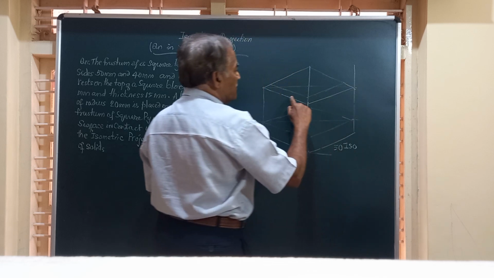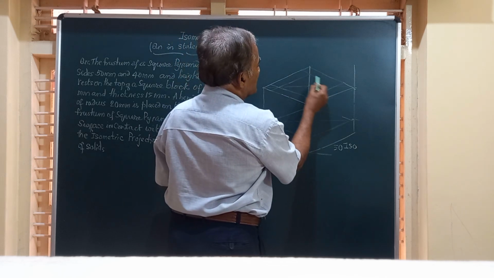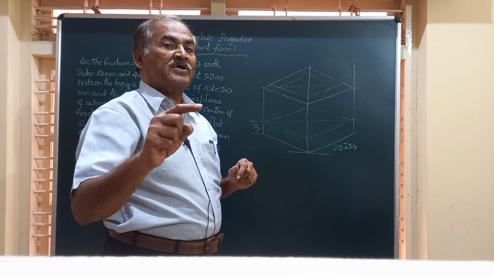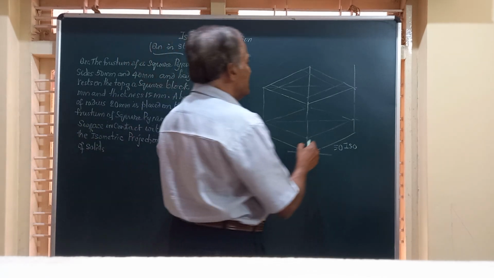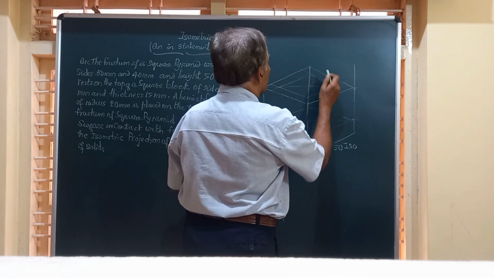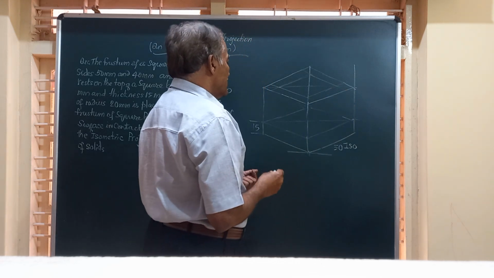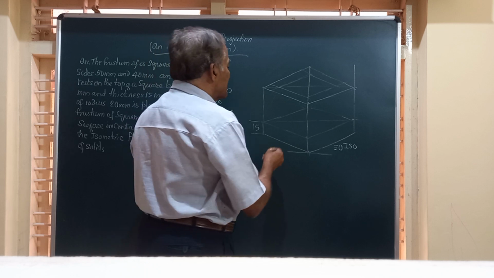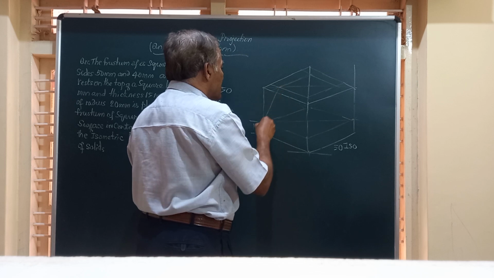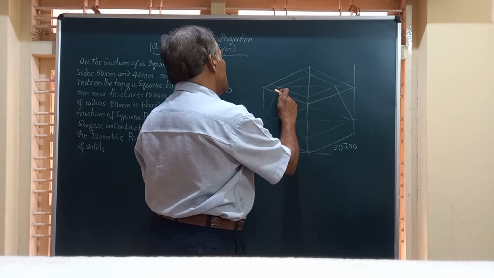This is all a 5 millimeter gap. Next from here another 5 millimeter gap. We just join. Here this dimension is going to be 50 minus 5 minus 5, which means 40 millimeter. So friends, this is the top surface of the frustum of the square pyramid. Now here, I am joining this by a thin line up to here, because the base is also 50. I will draw a thin line here, a thin line from there, and a thin line from here.